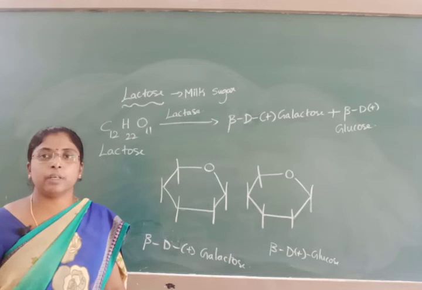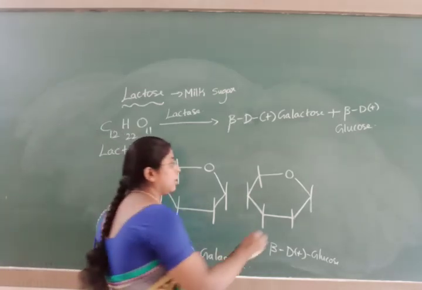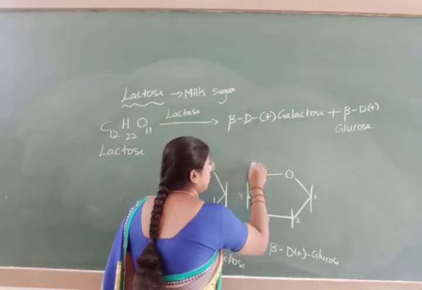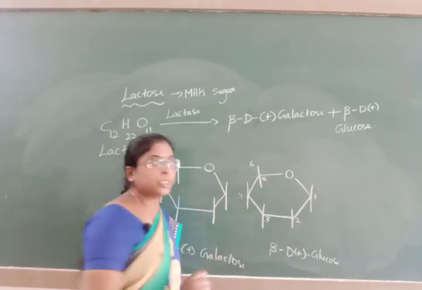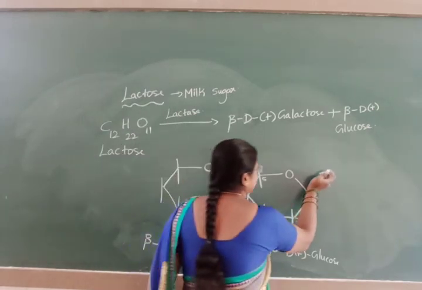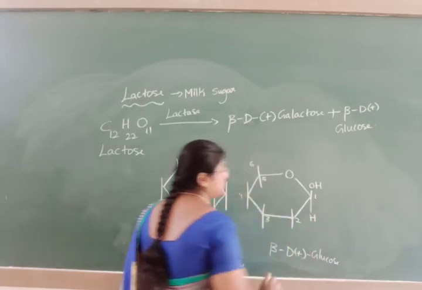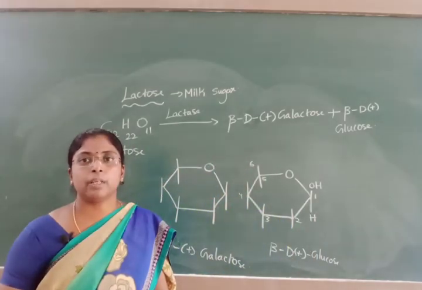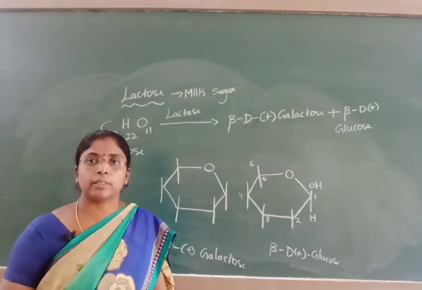You know, just now we have written alpha glucose. What was the structure for alpha glucose? In the Haworth structure, carbons 3, 4, 5 and last, 6. For alpha it was H and OH, H was above and OH was below at the first carbon atom. Here it is reverse, OH, H, and the remaining is all same. There is a change in configuration at the C1 carbon atom, hence we call such monosaccharides anomers.